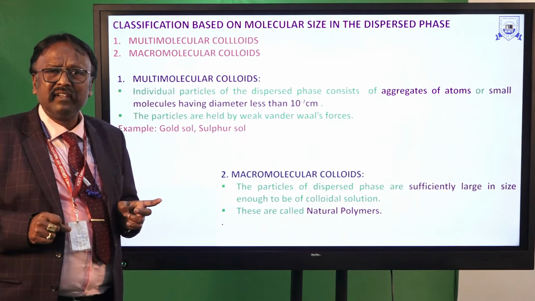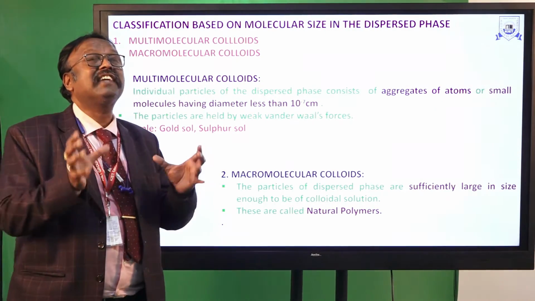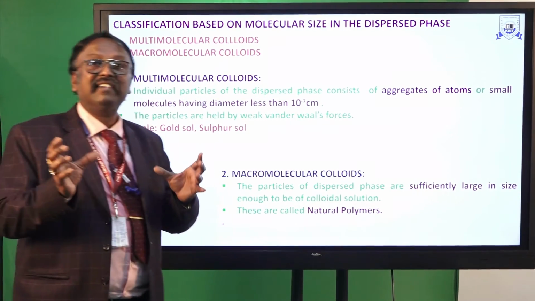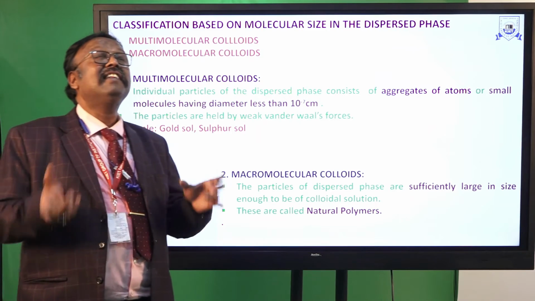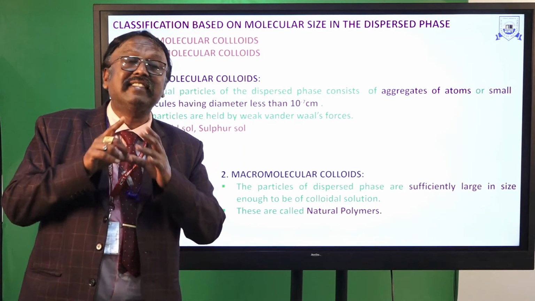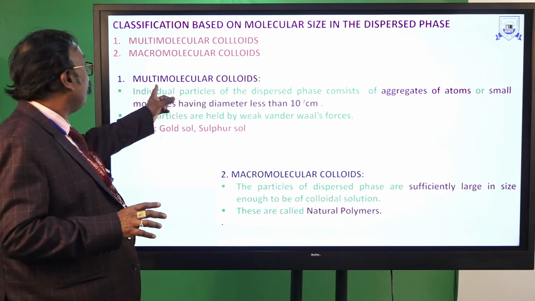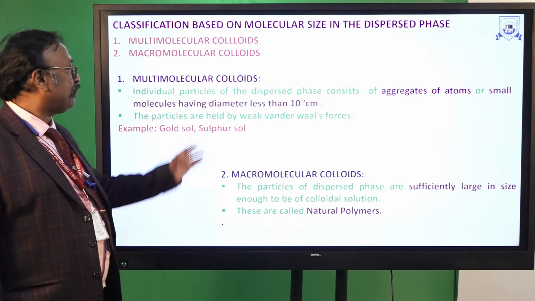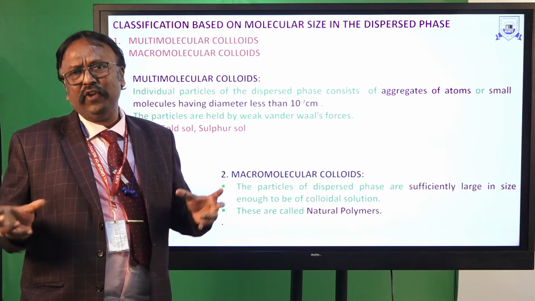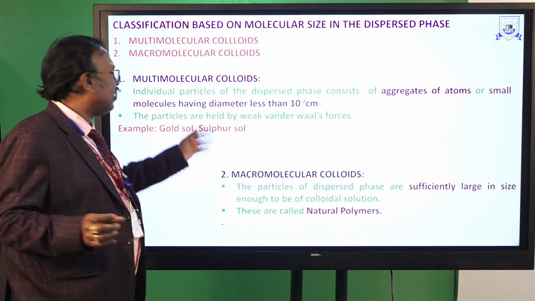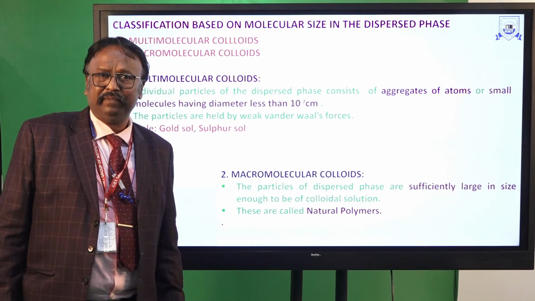They consist of aggregates of atoms, small molecules having diameter less than 10 to the power of minus 7 centimeter. Such particles we can call multimolecular colloid. These particles are held together by weak van der Waals forces. Examples are gold sol and sulfur sol.